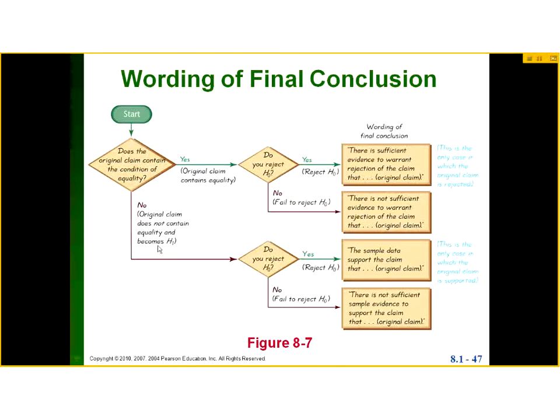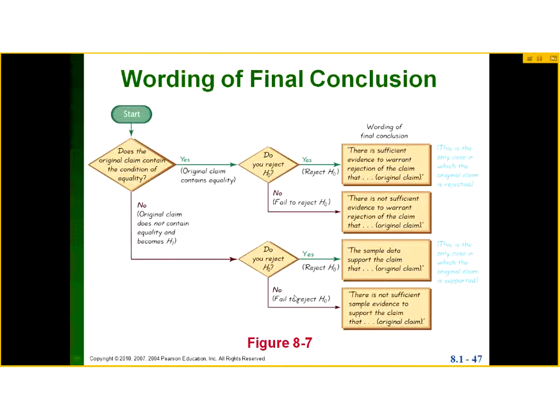Okay? But if the claim is in H1 and there is no equality in the question, here too: do you reject H0? The question is again about H0. If yes, then the sample data supports the claim. Why does it support the claim? I rejected H0, which means I take H1, right? So H1 is the original claim in this case.